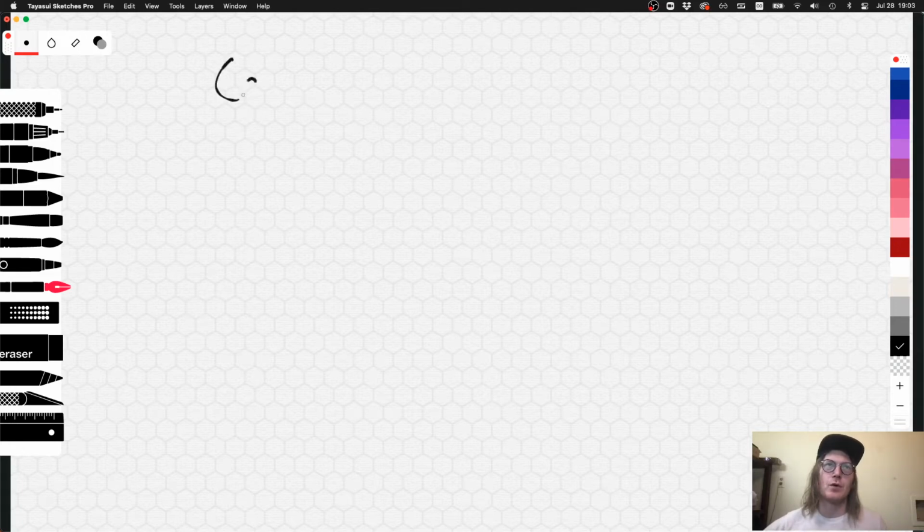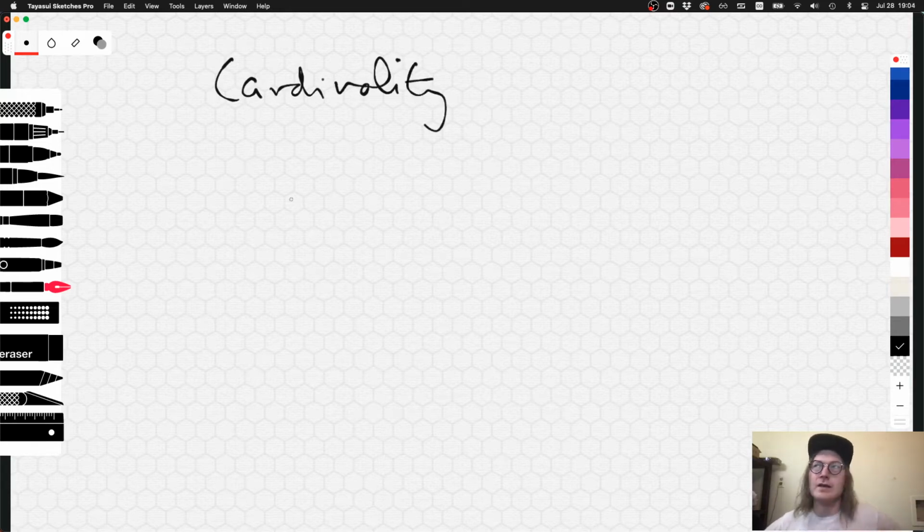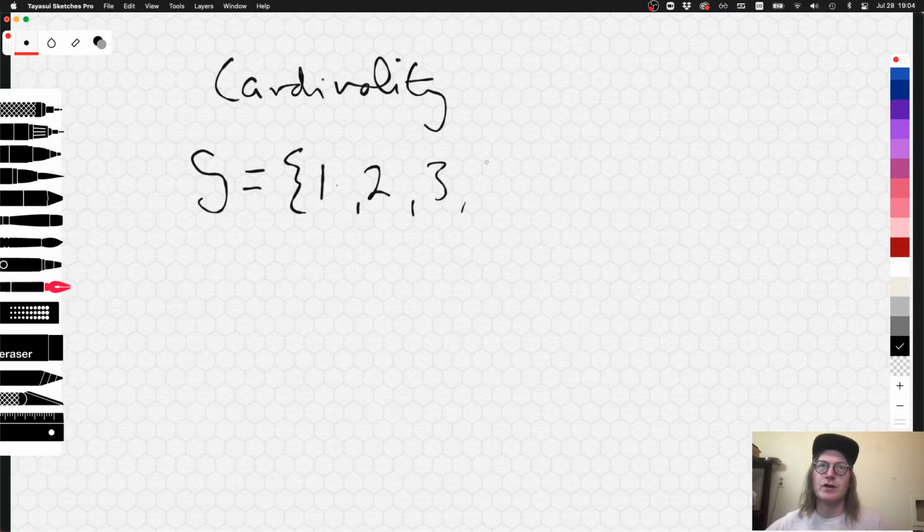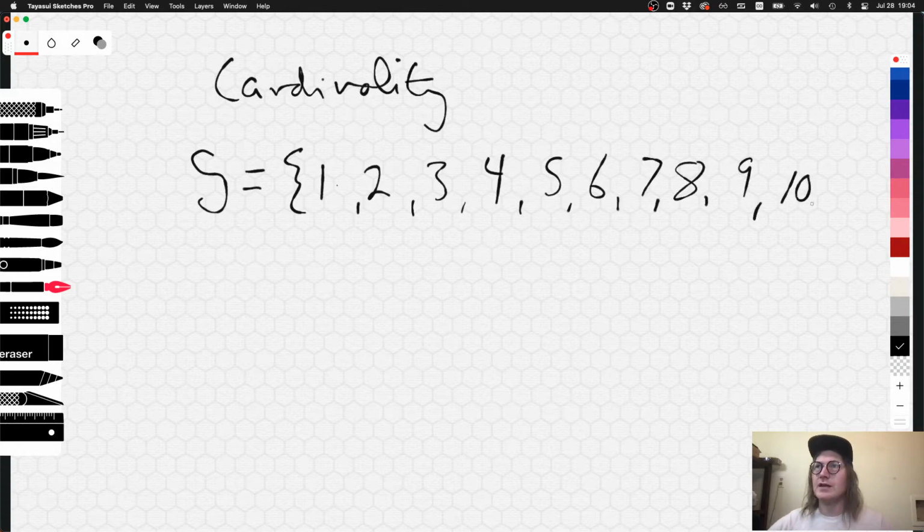Okay, so how does this fit in? Let's say we have a 12-sided die. A single roll of a 12-sided die is going to have the sample space S containing elements 1, 2, 3, 4, 5, 6, 7, 8, 9, 10, 11, 12. It doesn't look amazing, but we know what's in it.